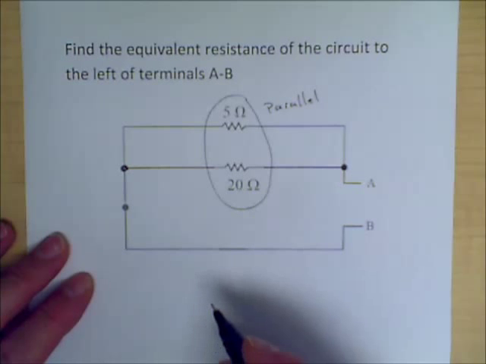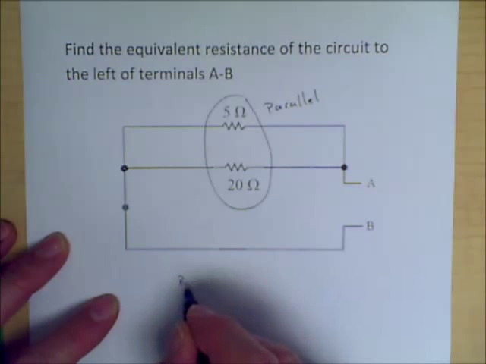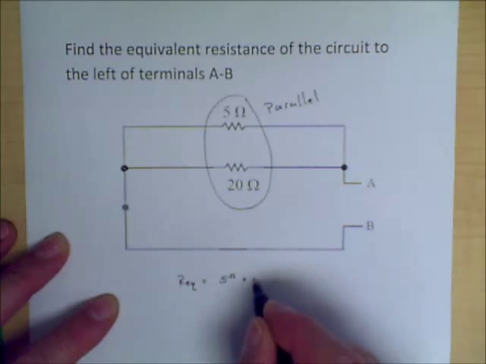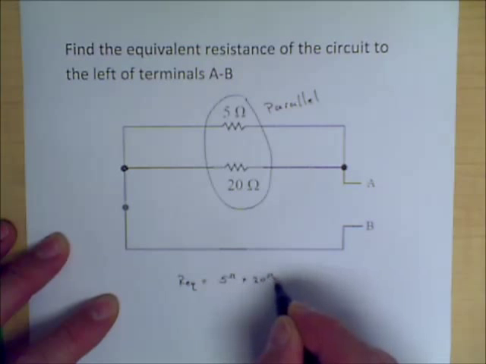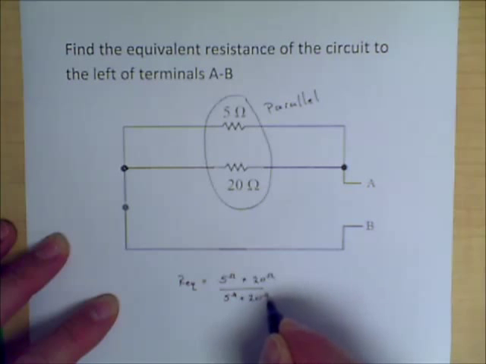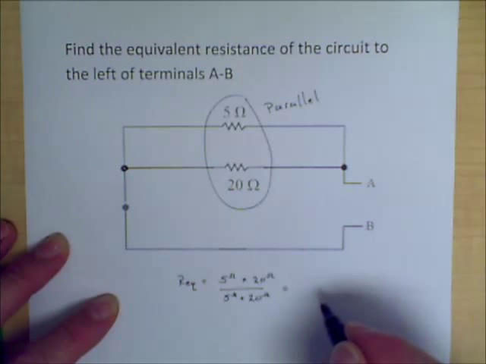Therefore the two are in parallel, and we find that the equivalent resistance is equal to 5 ohms times 20 ohms divided by 5 ohms plus 20 ohms, which is equal to 5 times 20 is 100, divided by 25, 4 ohms.